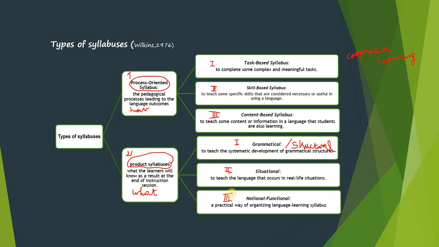And here we have the notion, which is normally considered as a concept, and the function, of course, is the purpose. The function of the concept is the purpose or the usage of these concepts.